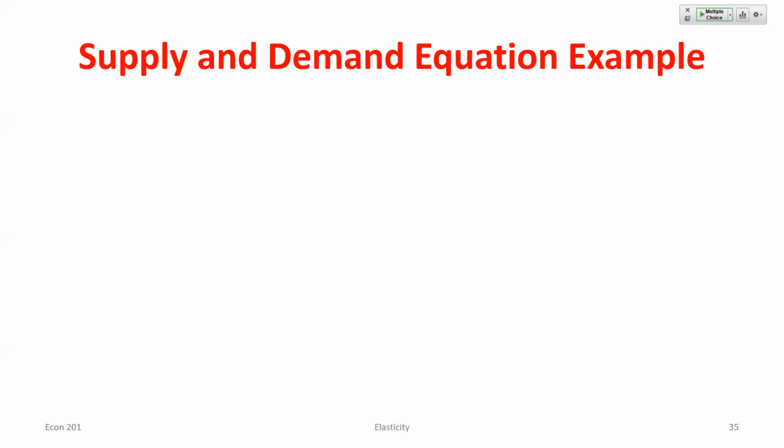Well, what's the value of the shortage? I'm thinking about, what's that gap, right? What's that difference between quantity demanded and quantity supplied? Well, if I know the price, if I plug 30 into my demand equation, it's going to tell me quantity demanded.